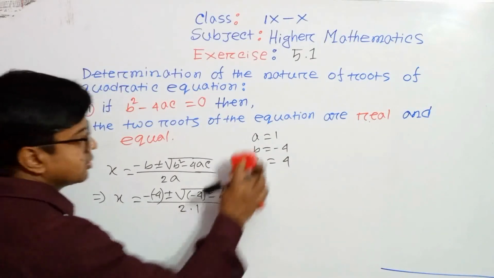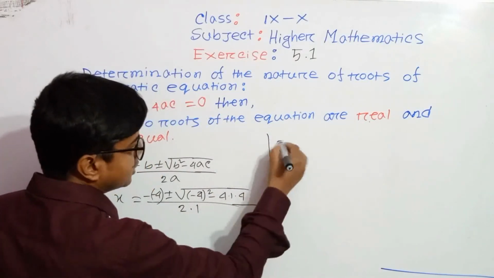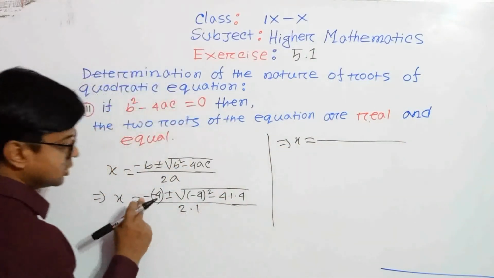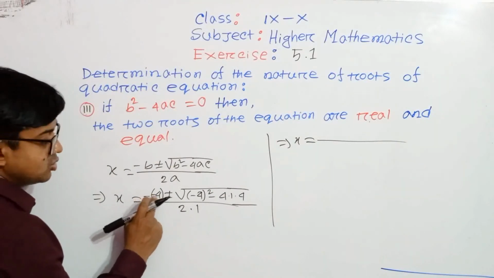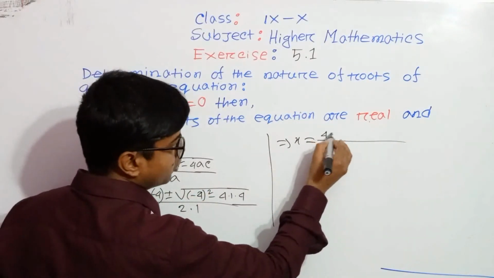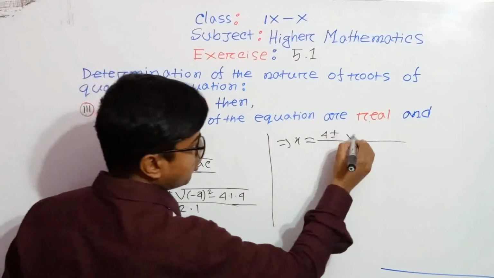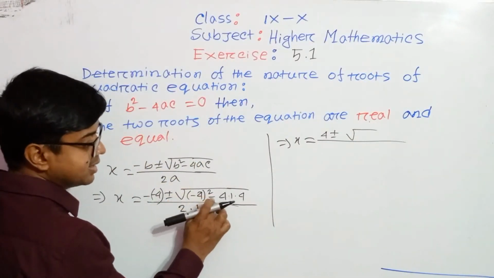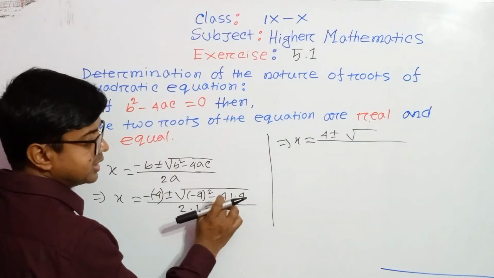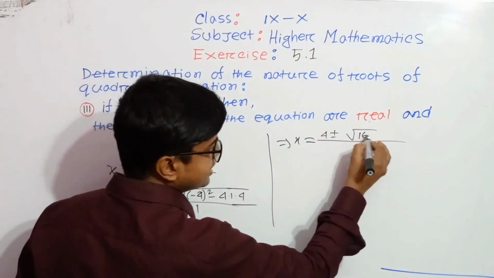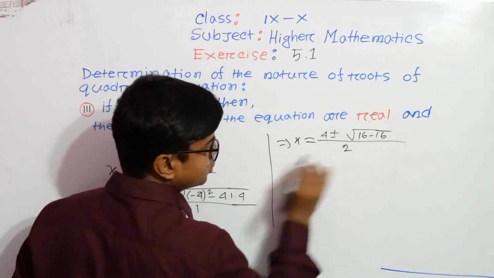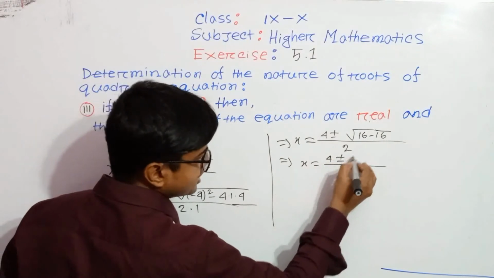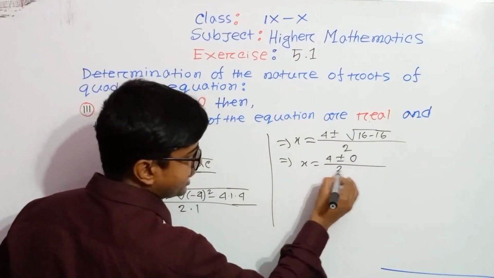Now after this line we can write x equals minus into minus 4, it will be 4, plus or minus square root of minus 4 square, it will be 16, minus 4 into 4, that means 16, so 16 minus 16, by 2. x equals 4 plus or minus 0 by 2.